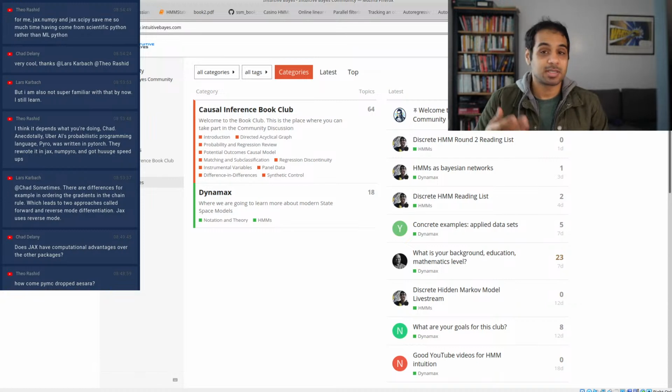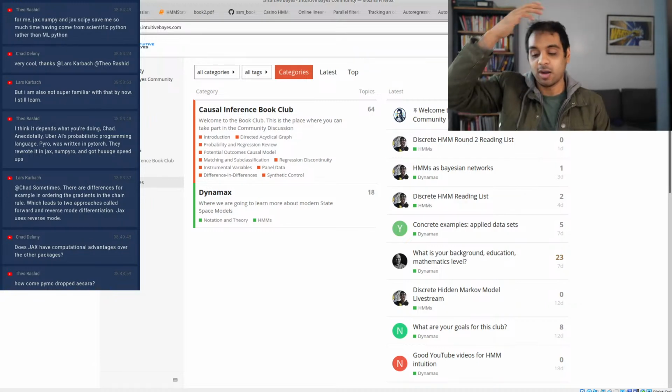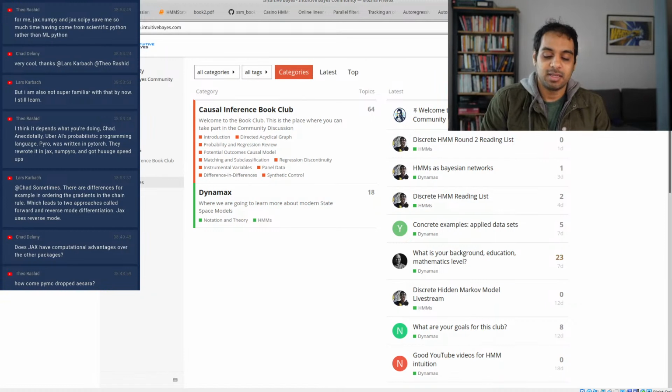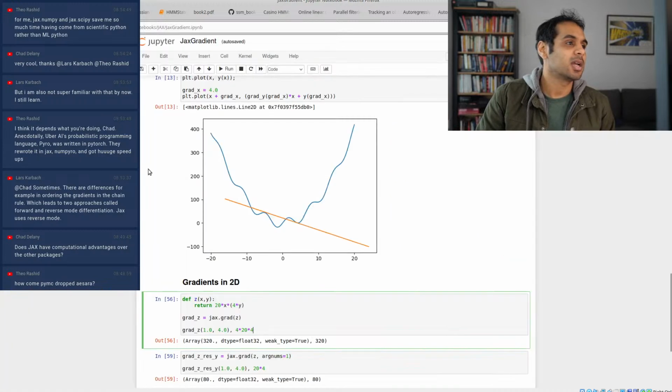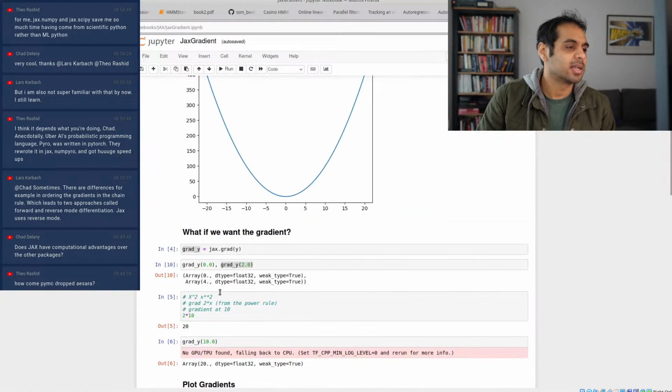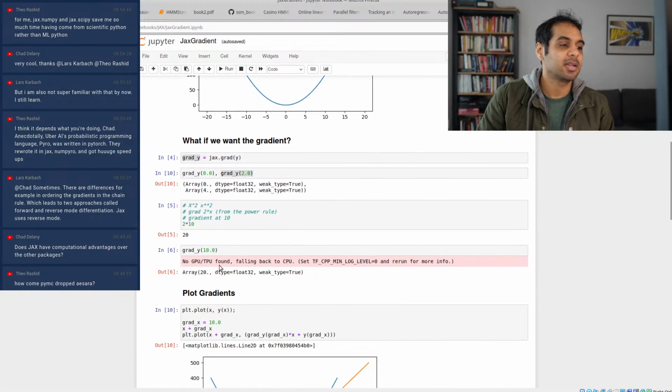And then the third one, which is also an open, I don't want to call it a war, but an open competition between all the different companies. I work at Google admittedly, but this is me just speaking generally. Google also is developing JAX and is developing hardware like TPUs. So you saw a note here probably that no GPU or TPU found.